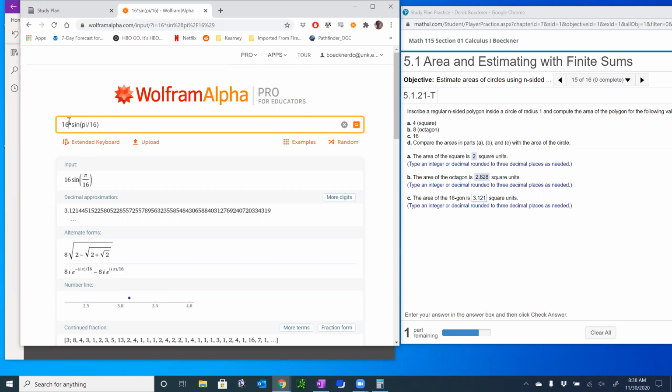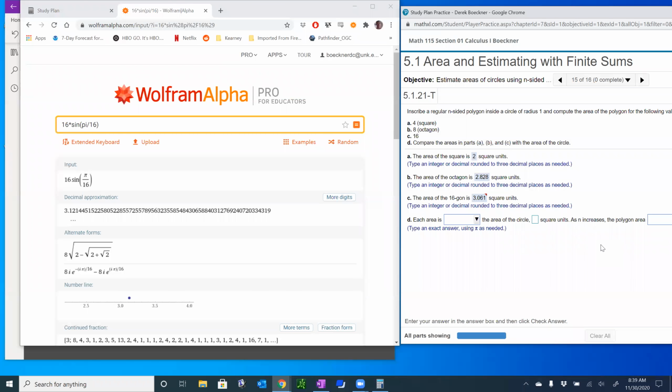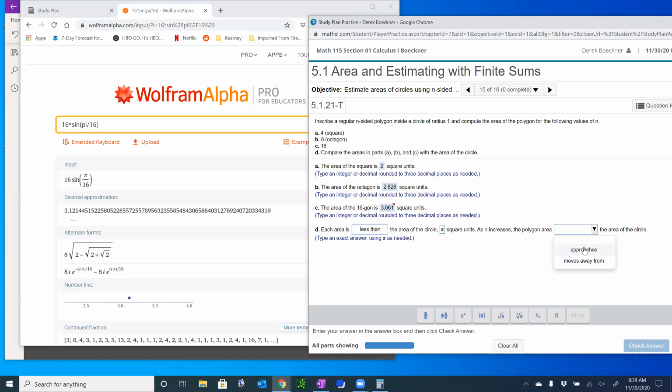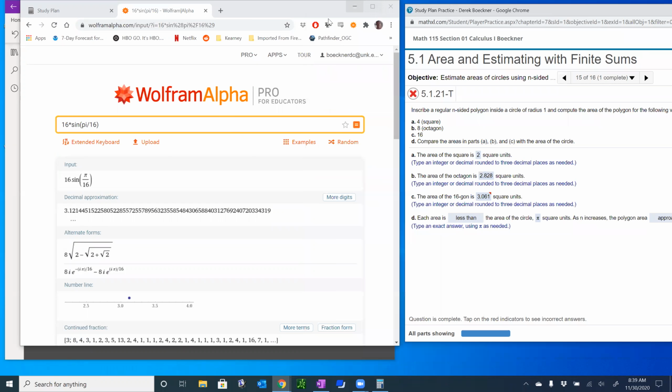If I do... I'm not sure what rounding we weren't doing right. Or maybe I'd done a 32-gon instead of a 16-gon.